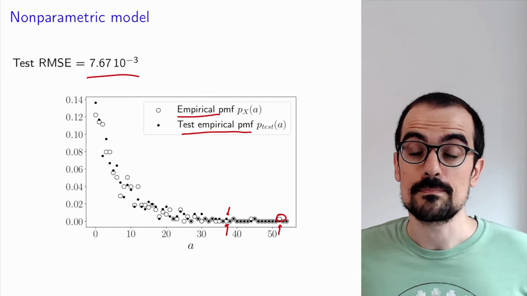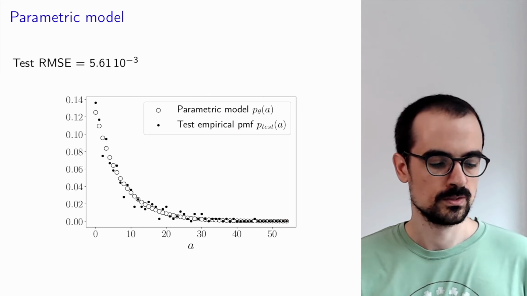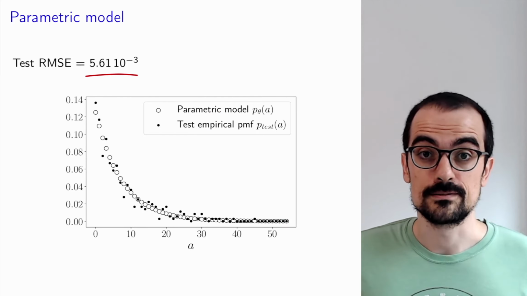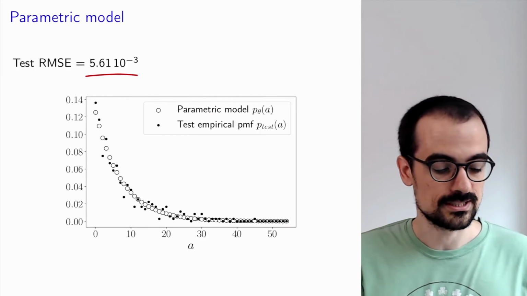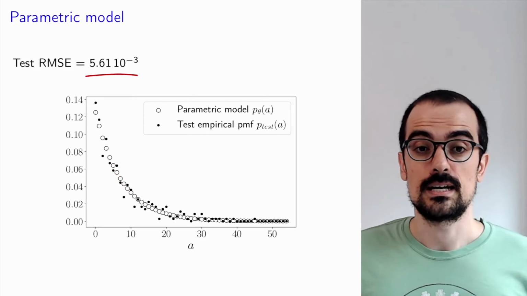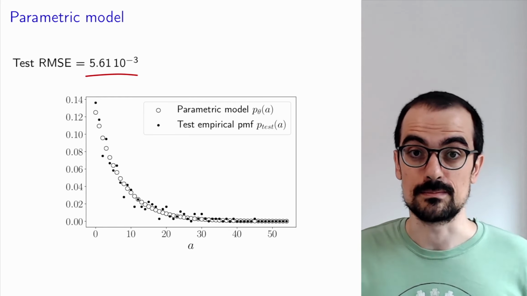All right, so how does the parametric model do? The parametric model does better. This measure of the error is less, and it avoids the noise. Of course, it's not as flexible, so some of this stuff might not be noise, and maybe with more data the non-parametric model would be able to estimate it and the parametric model would not.